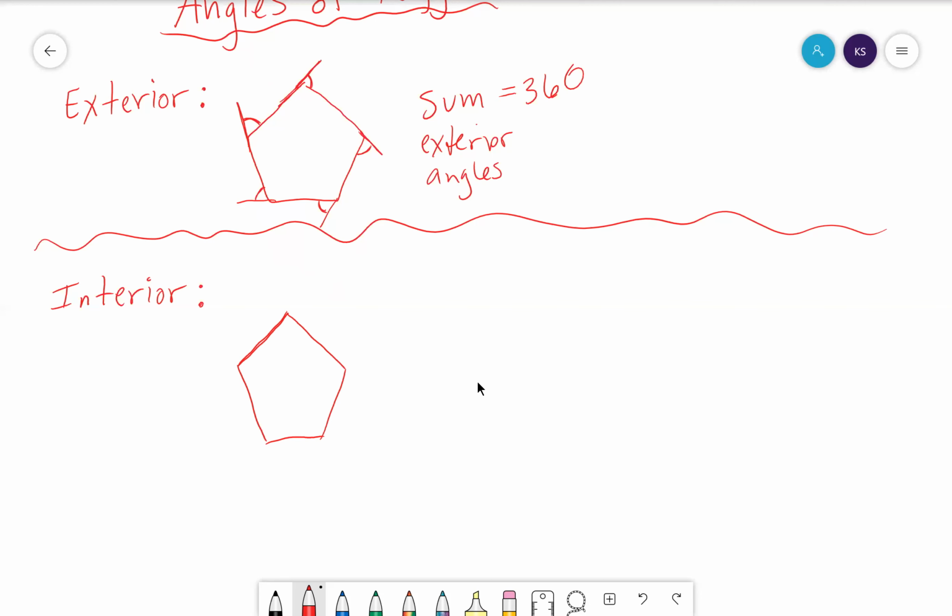But this formula and this method that I'm showing you works for any kind of polygon that you have. So we have a pentagon, okay? There's a formula for the sum of the interior angles.